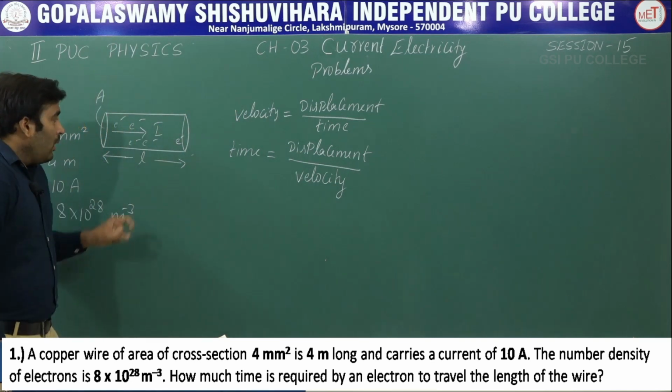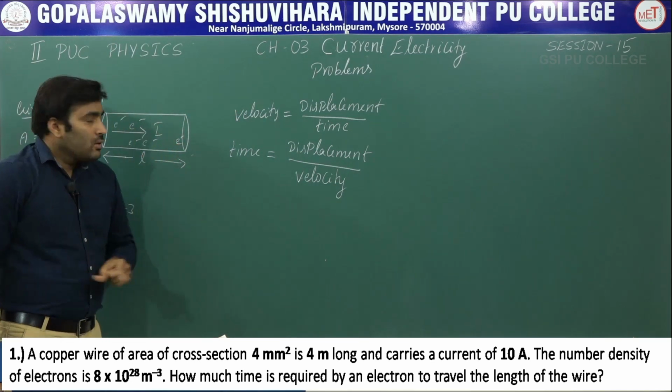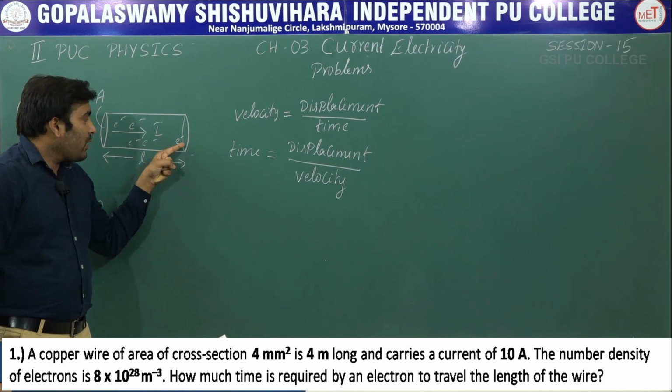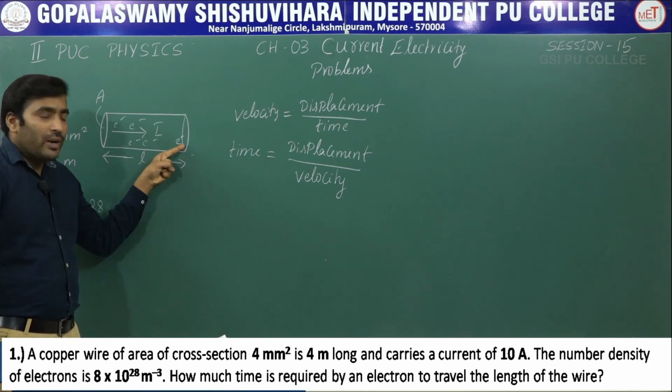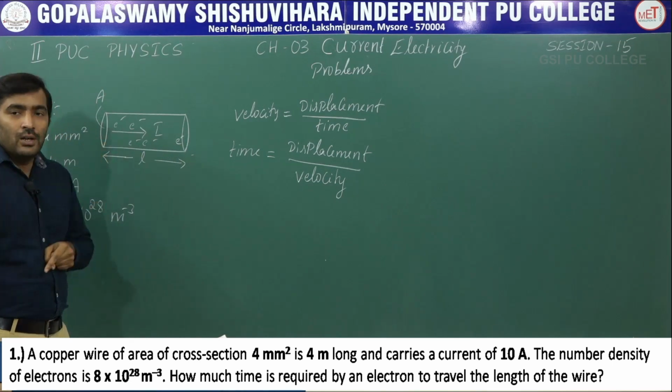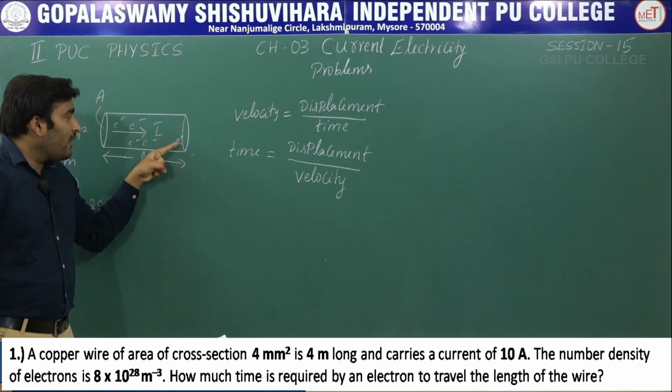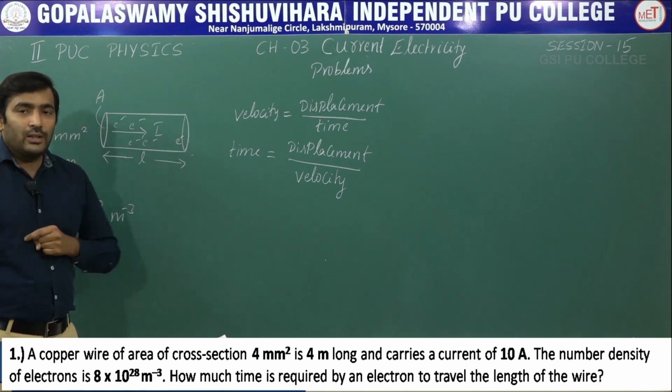So here we have an electron. This electron is traveling from one end of the wire to the other end. So we need to calculate the time required by this electron to travel the length of the wire.